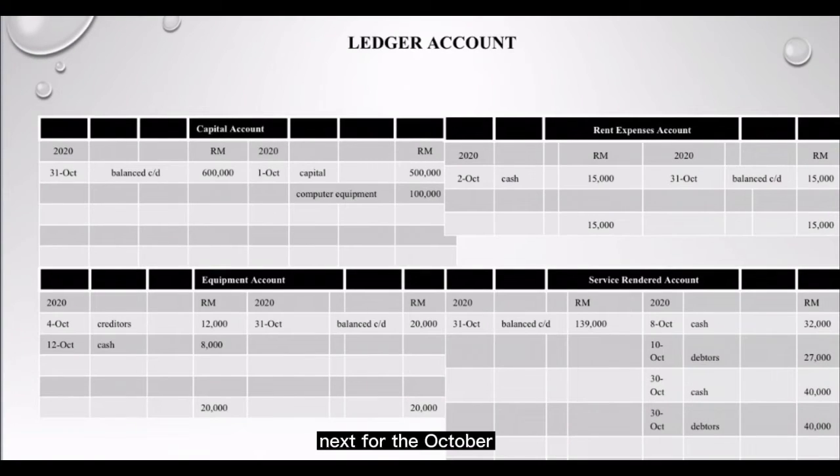Next, for October 2, 2020, the first account is rent expenses account. For the debit side, 2 October cash 15,000. For the rent expenses account, the credit side 31st October balance CD 15,000.